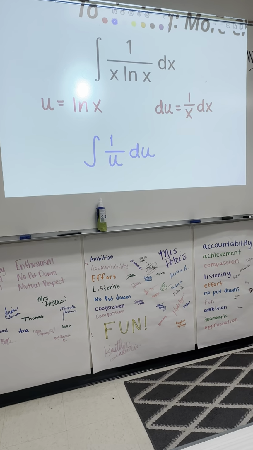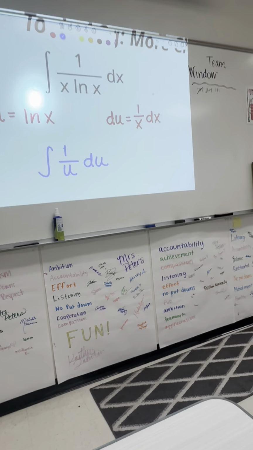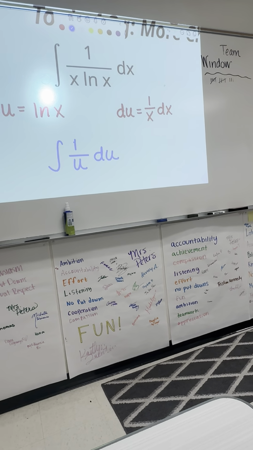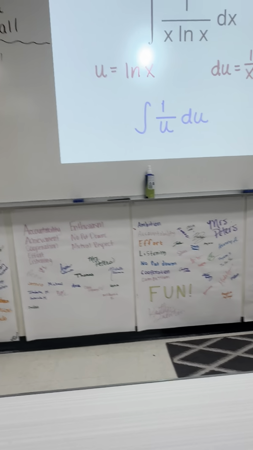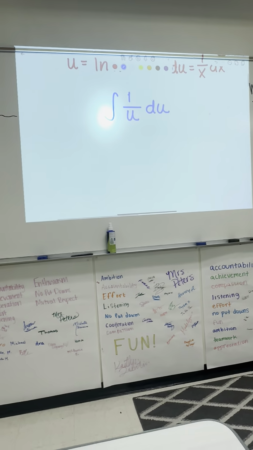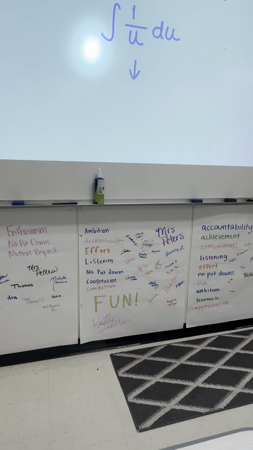So the antiderivative of 1 over U: what derivative equals 1 over U? The derivative of ln, right? This is one that has a special thing. So when I take the antiderivative of 1 over U, it equals ln of U.